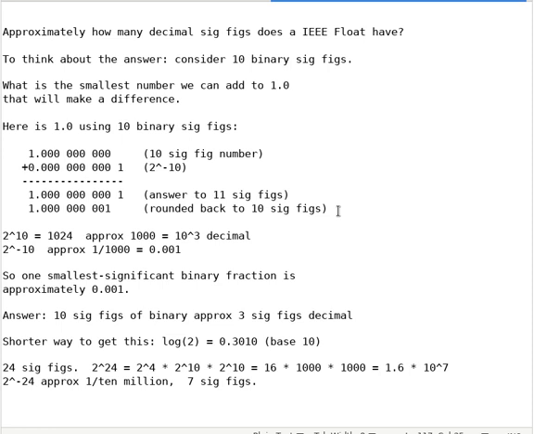So let's start by just assuming I have 10 binary digits, 10-bit numbers. What's this roughly equivalent to in decimal? The way that people frequently think about this question is to ask, what's the smallest number we can add to 1.0 that'll make a difference?